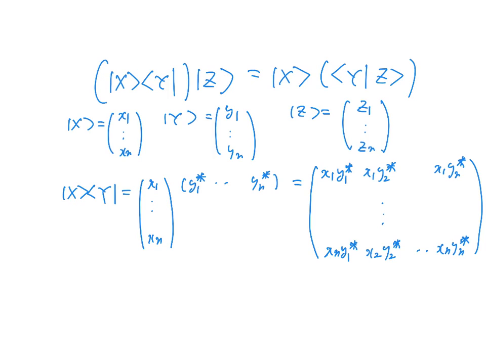And then we now multiply by z, with components z1 to zn. Do I have enough space?